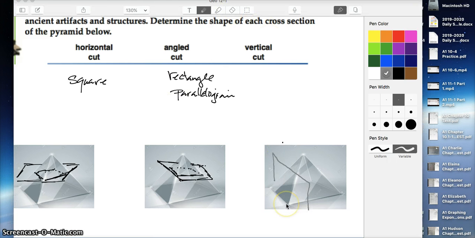Maybe this is better if you consider the vertical slicing. The intersection would slice down right here, and then it would cut all the way down, and it would be a little bit wider here, and then I'd have something like this. So for me, that looks like a trapezoid.